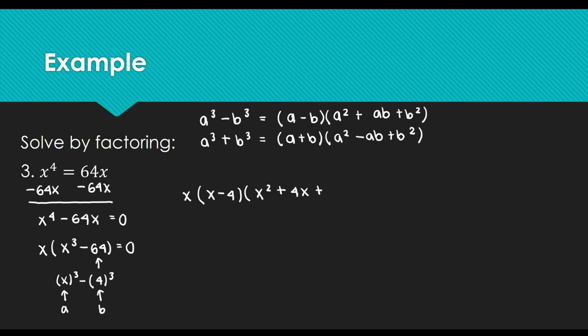Plus, then I want b squared. So 4 is b, and 4 squared would be 16. Notice that this trinomial of x squared plus 4x plus 16 is not going to be factorable because I cannot find numbers that multiply to a positive 16 but add up to a positive 4. So I get to set each factor that contains a variable equal to 0.